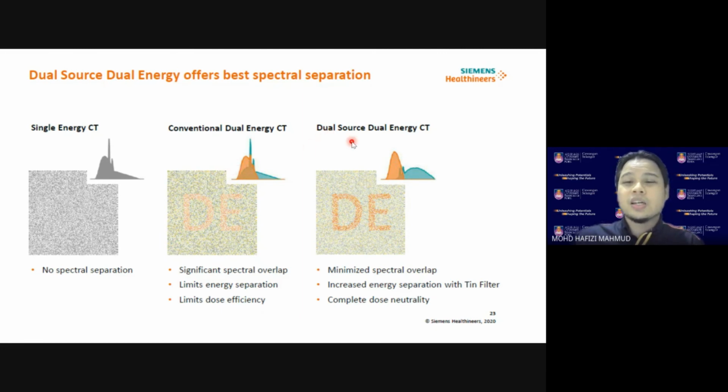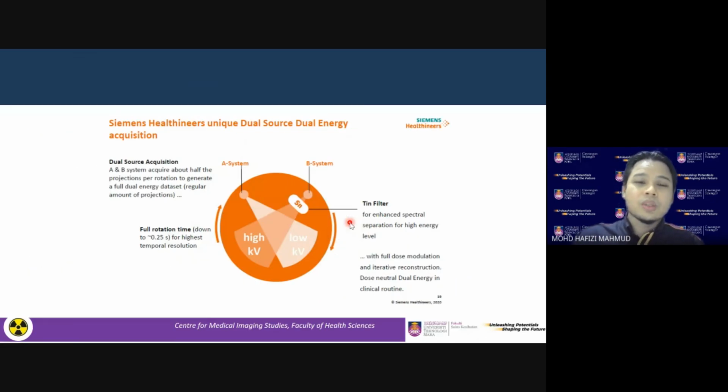Then thirdly, on dual source dual energy CT, the system has been improved using a thin filter. I'll be focusing on the application of the thin filter from my study in this presentation.